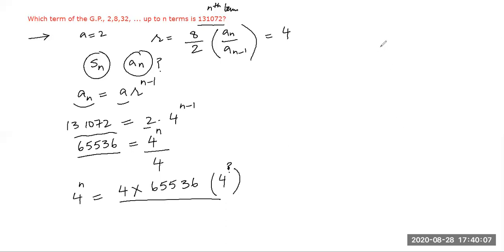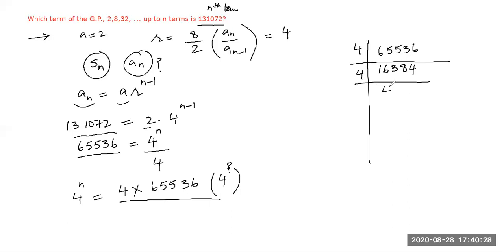For that, let's factorize 65536 by 4. 4 ones are 4, 4 sixes are 24, 4 threes are 12, 4 fours are 16. Again divide by 4, 4 fours are 16, 4 nines are 36.